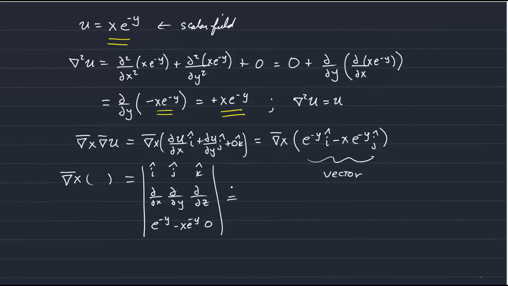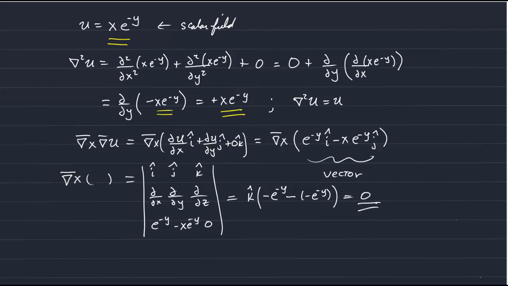And so the only non-zero component that we'll have, because the vector is in the xy plane, is in the k hat direction, and that's going to be k hat times the partial of minus x e to the minus y with respect to x, which will be minus e to the minus y, minus the partial of e to the minus y with respect to y, which will be minus e to the minus y, and that's equal to 0.